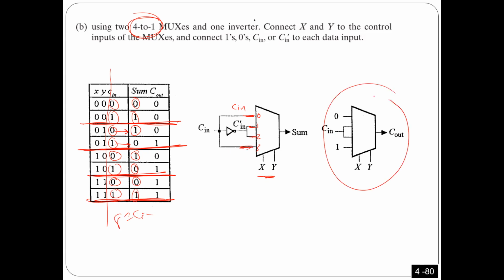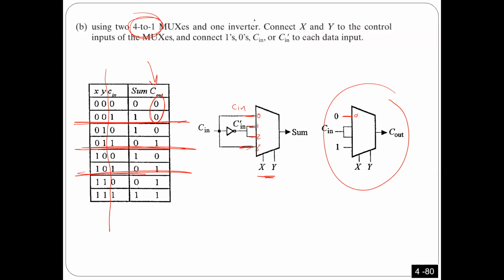Let's look at the second one, because this one has 2 functions. So now I'm going to focus on C out here. Same thing here: this is 1 input, second input, 3 and 4. Let's look at the relation. You don't even need to think about it. C out is always 0, so I'm going to put 0 here.